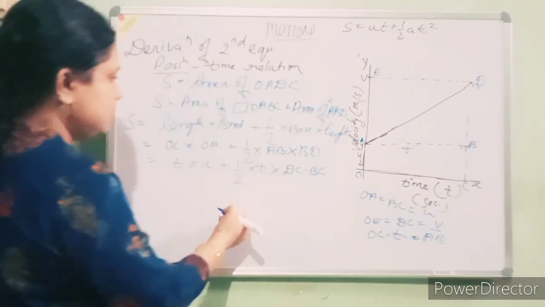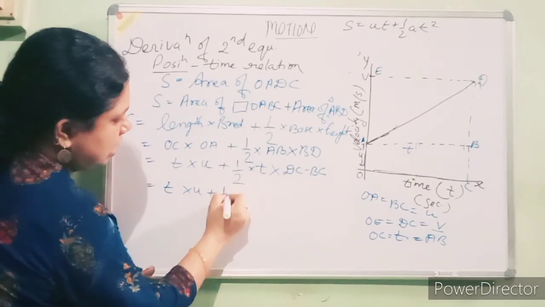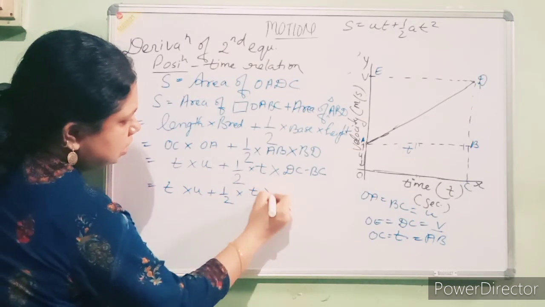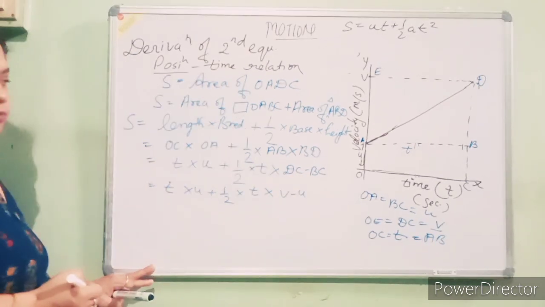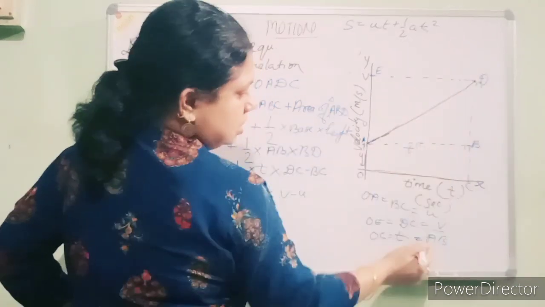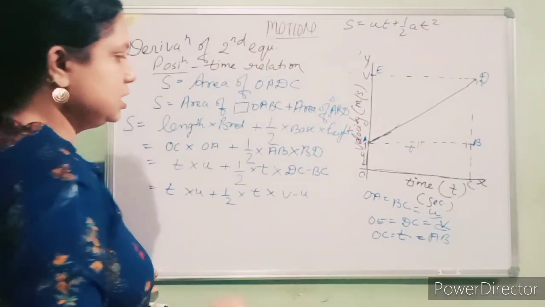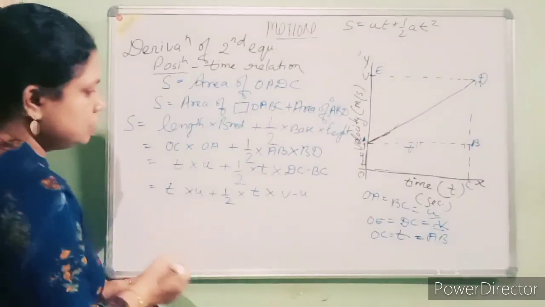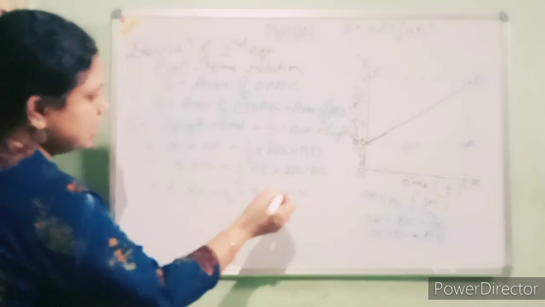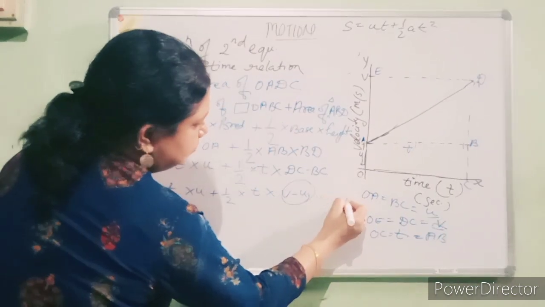Is it clear? So T into U plus half into T into DC minus BC is equal to V minus U, because DC is V and BC is U. Now as we know, students, in place of V minus U we can write AT.